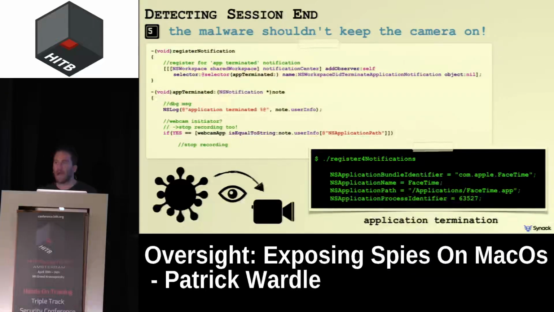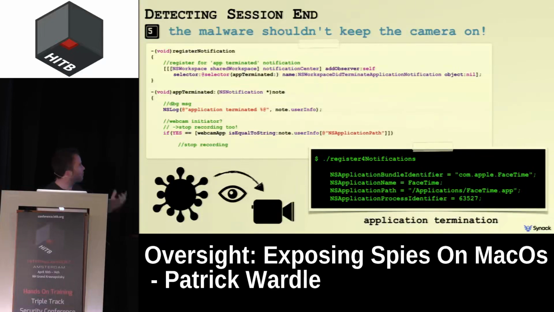We'll talk briefly about how we determine what application initiated the webcam session, because although we get a notification saying the webcam is now active, Apple doesn't tell us what application actually triggered that notification. There's no PID or path in that notification. So for now, let's assume that we were able to figure out what application triggered that event. Say it's FaceTime. What we can then do is monitor and determine when FaceTime exits.